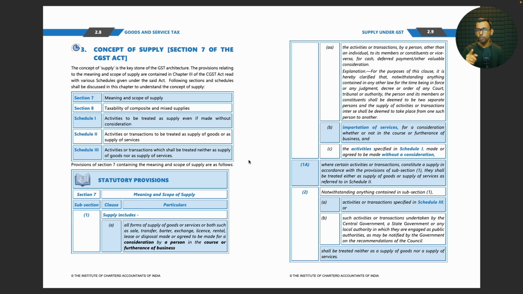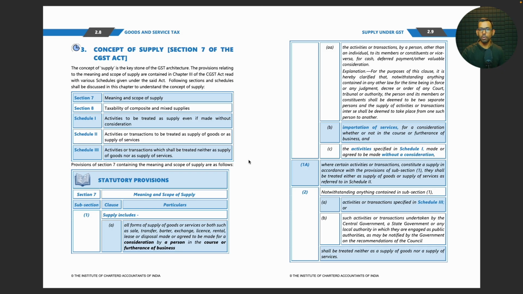But if you talk about Schedule 1, it considers deemed supply, even if you do it without consideration, it shall be deemed as supply and it will be subject to tax. Schedule 1. Schedule 2 is about removing the gray area, deciding black or white. So restaurant service, you don't know whether it is a supply of goods or service because both are present, so you treat it only as supply of service.